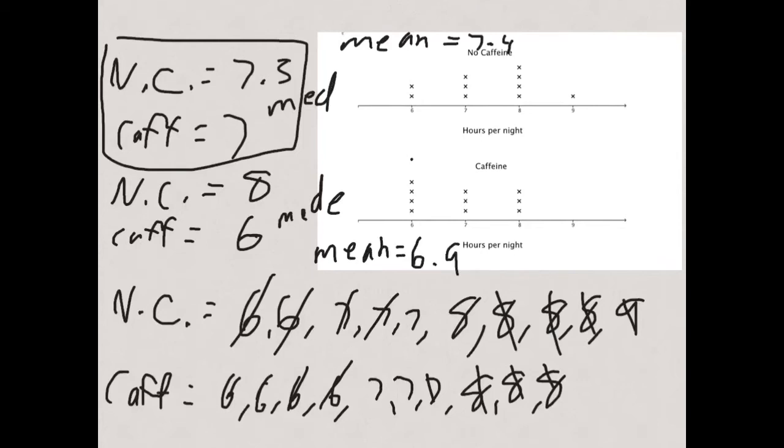So I need to ask myself which one of the 3 works best for this set of information. Now I want to know what's the average, or how much sleep will a person get if they do not drink caffeine, if they do drink caffeine. Now I have the same amount of people recorded, 10 different people. So if I find the average here, or the mean, that would be my best option.